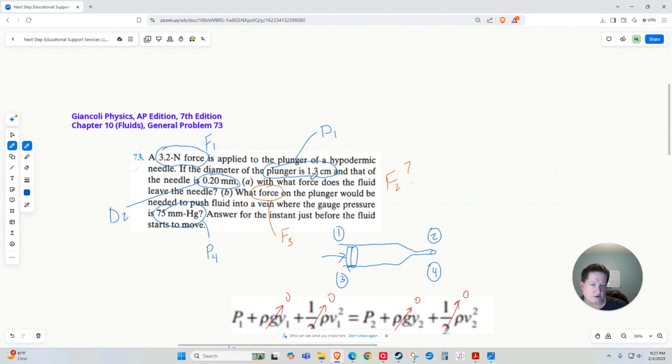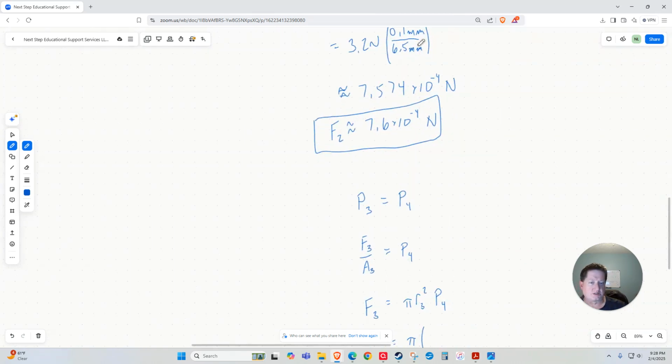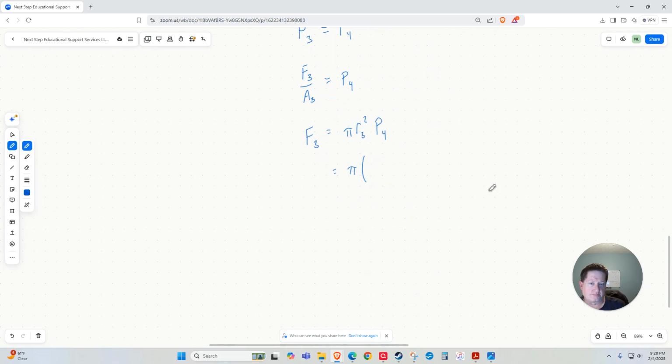We're actually going to use the meter version of this, which would be 0.0065 for the radius, 0.0065 meters. And we're squaring that. That gives us the area.